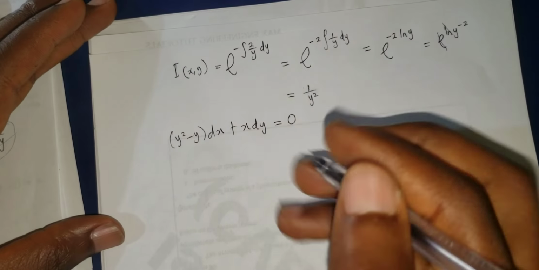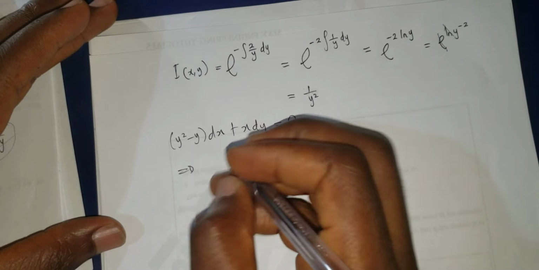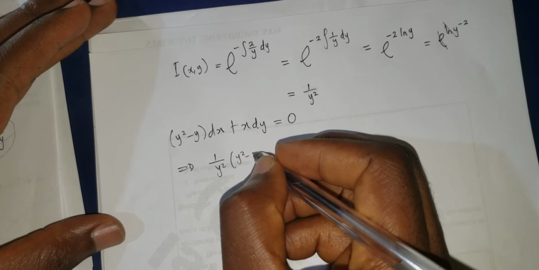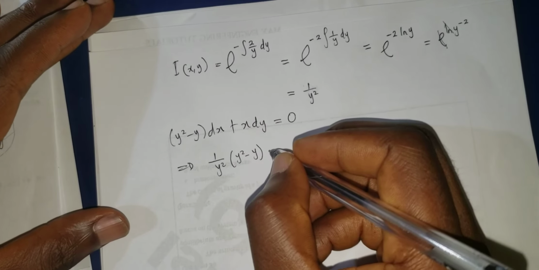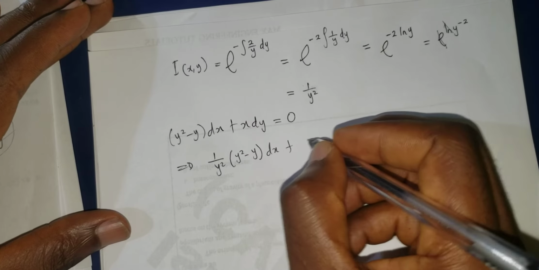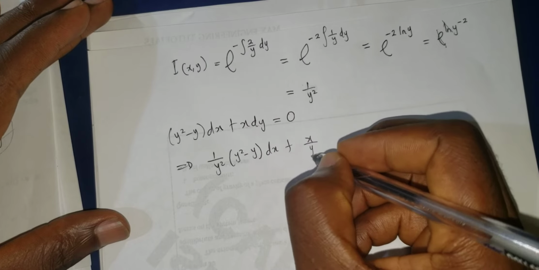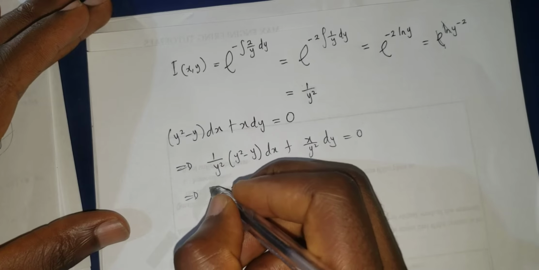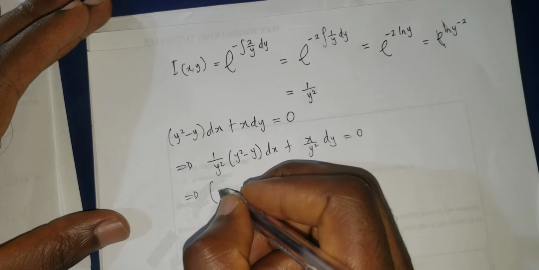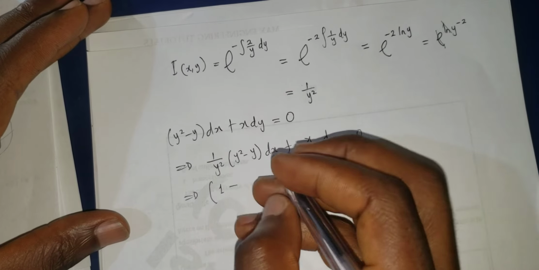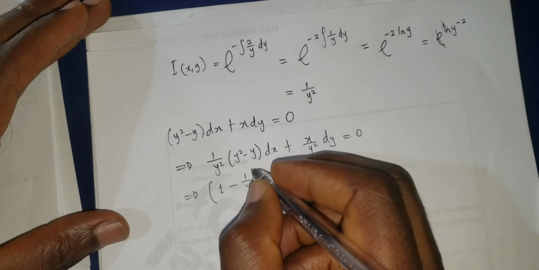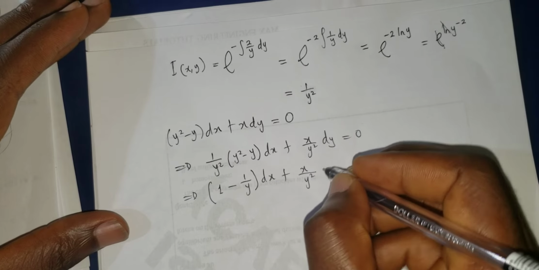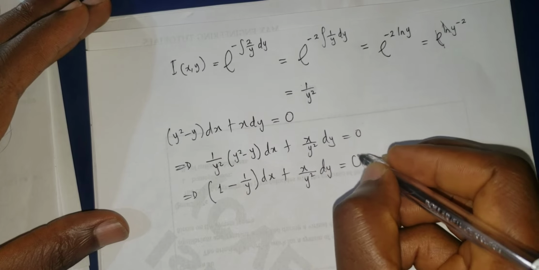So multiplying this, we're going to have 1 over y squared into y squared minus y dx plus x over y squared dy equal to 0. So we can simplify this further. y squared over y squared is 1 minus y over y squared, that is 1 over y dx plus x over y squared dy is equal to 0.